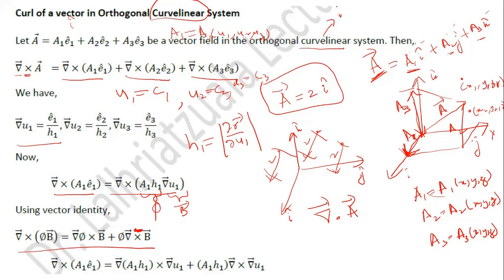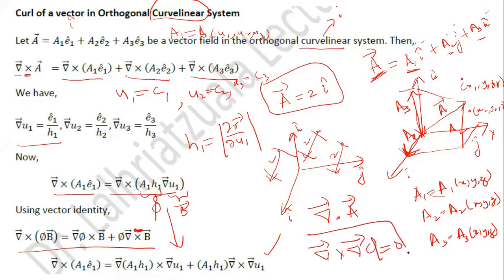So if you follow this vector identity, this quantity can be written as gradient of a1 h1, in place of phi you write a1 h1, in place of b you write gradient of u1. So this is what you will get. Now we also know that curl of a gradient of any scalar function is 0.